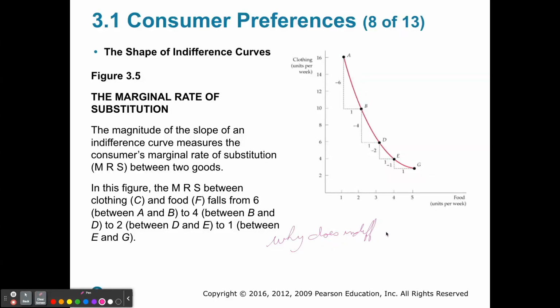Why does the indifference curve get flatter as we move left to right? Why is it getting flatter as we're moving along the indifference curve?